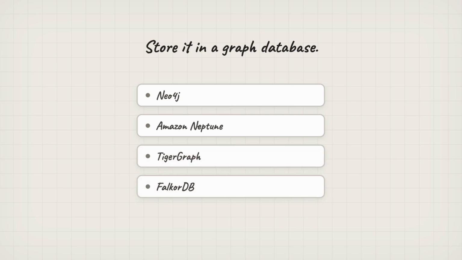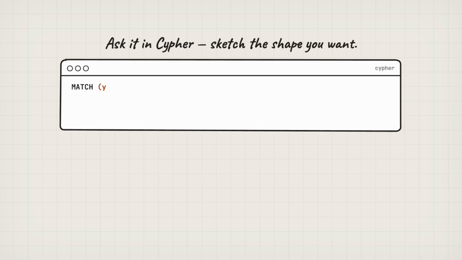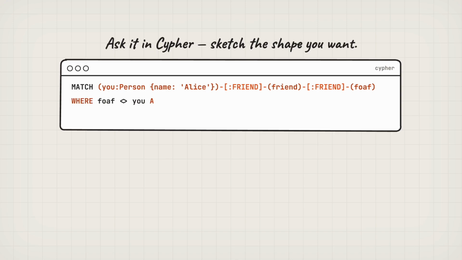Now, to ask a graph database a question, you don't write it the same way as a normal database. You use a graph query language, and the main one is called Cypher. And here is the part I love about Cypher. You basically draw the pattern you are looking for in text. Let me show you one line. Now, don't panic at the syntax. Look at the shape of it.